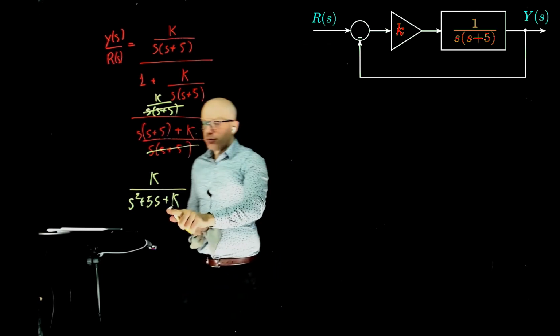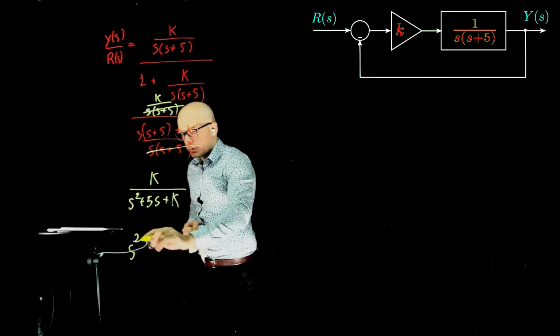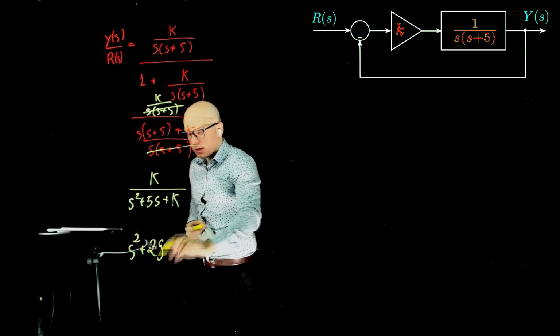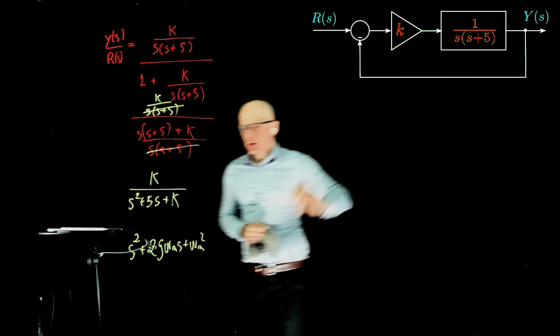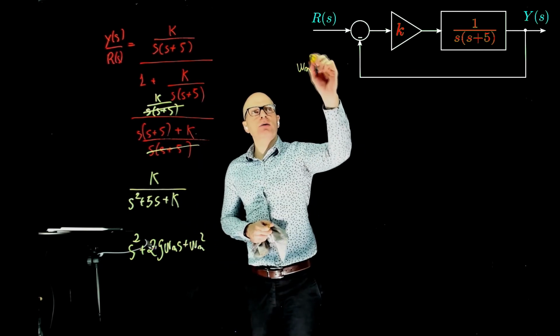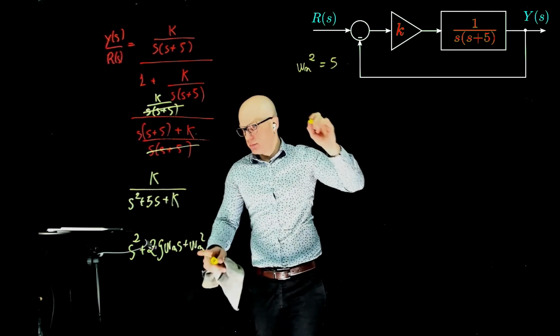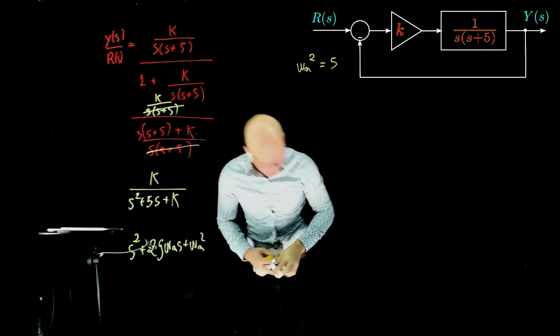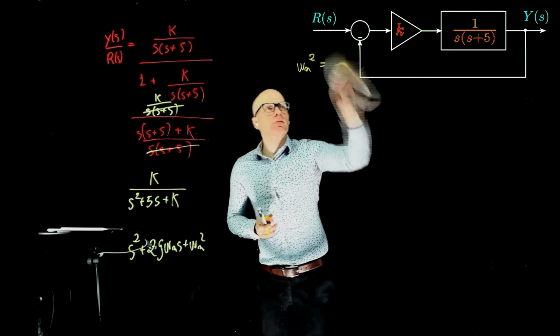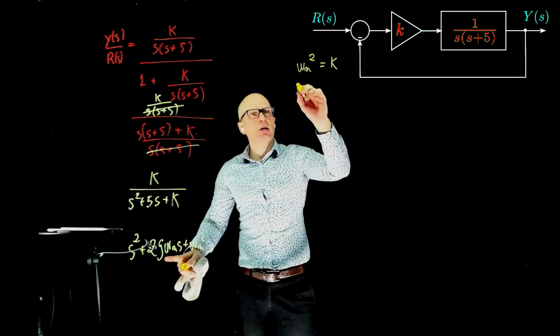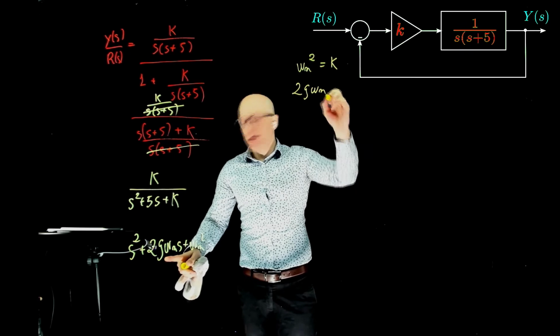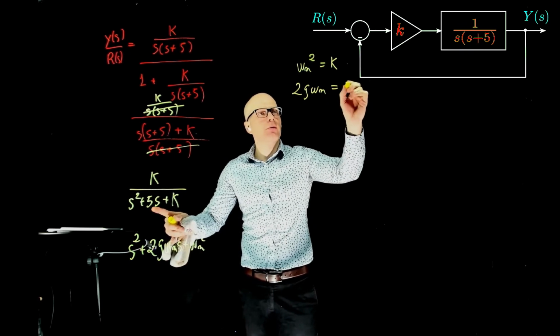Remember that in the standard form, in the denominator, we can write that as s squared plus 2 zeta omega n s plus omega n squared. So we know that omega n squared equals k. And we know that 2 zeta omega n equals 5.